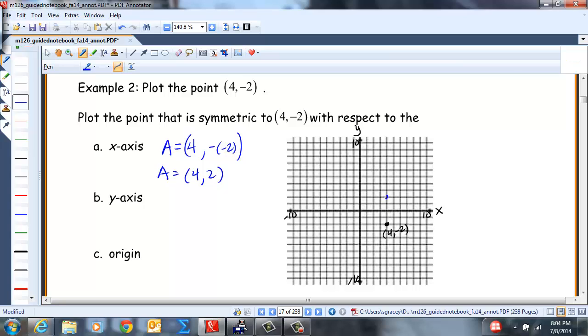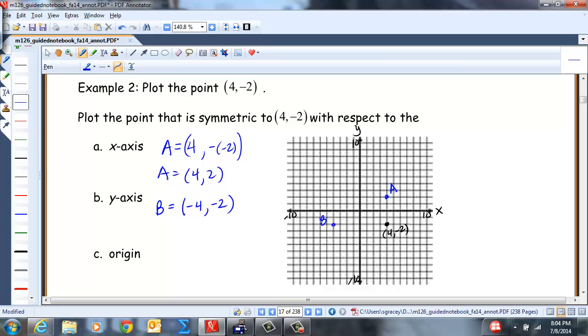So we would be up here. So that's point A. For the y-axis, point B, we replace x with negative x. So negative 4, comma, and we keep that negative 2. So symmetry with respect to the y-axis would be at 1, 2, 3, 4 left, 2 down. So that's point B.